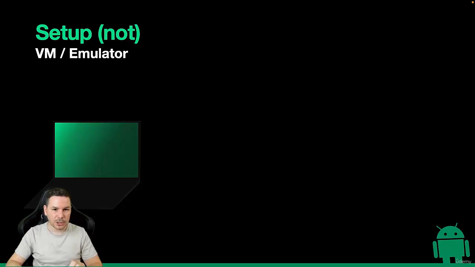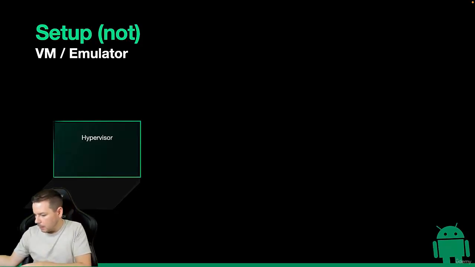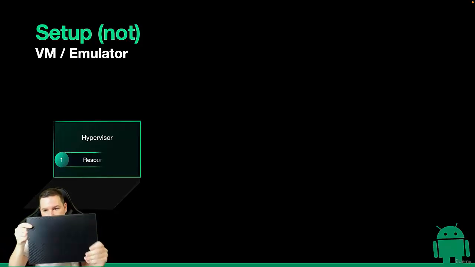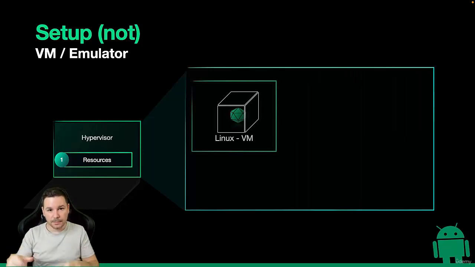These virtualizations use a hypervisor, and this hypervisor shares resources from our real laptop, this one for example, with the virtual machine. So these resources are now being shared between those two. So far absolutely no problem. This is why we have virtualization.